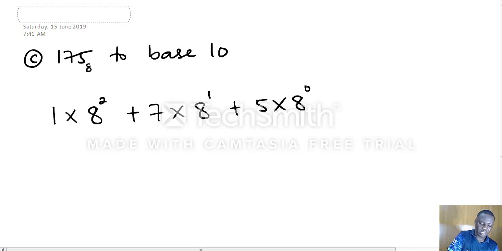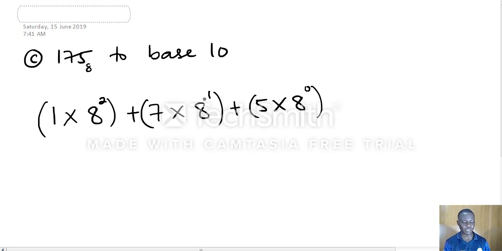That is, this is 1 times a multiple of 64. This is telling us that it is 8 raised to the power 1 in 7 places.